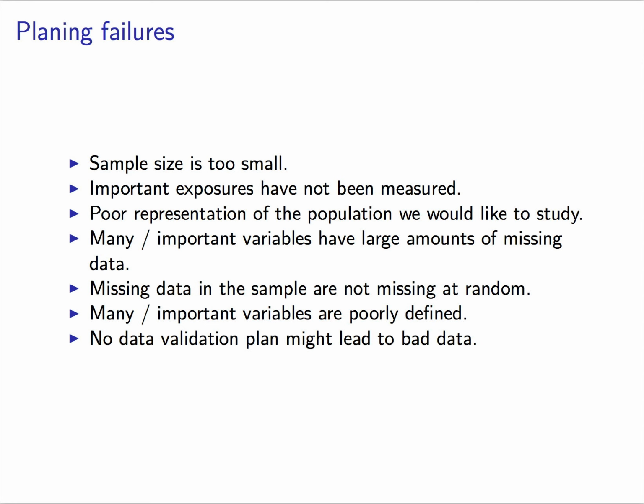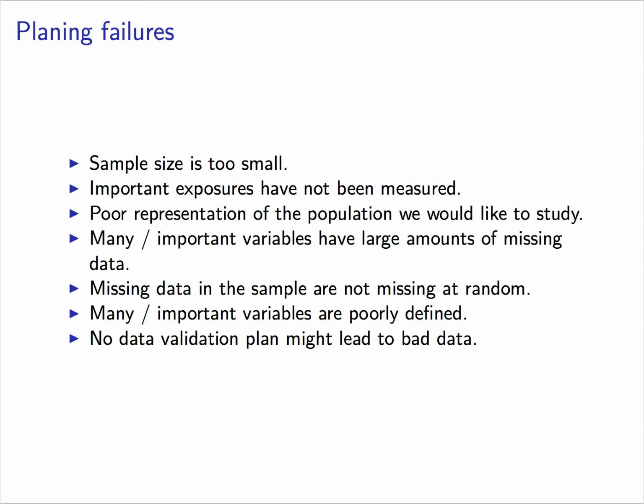Also, when collaborators are brought into a study after it's begun, it's often discovered that important exposures have not been collected. Sometimes the most important exposures are missing altogether or are hopelessly biased.